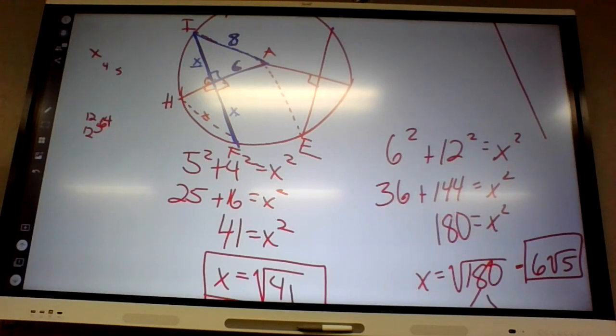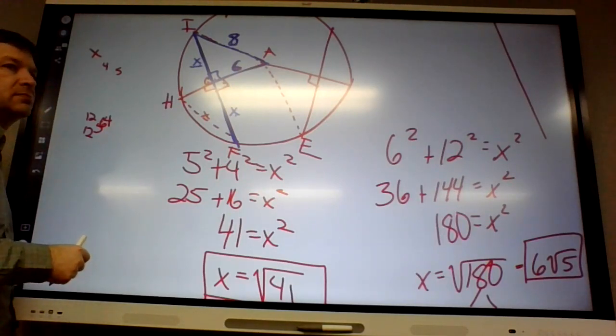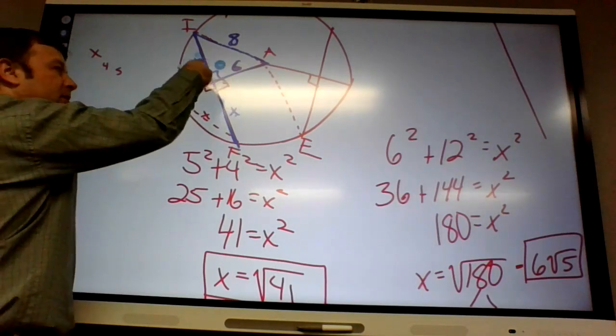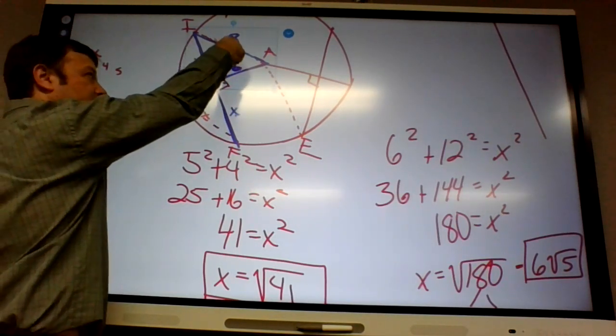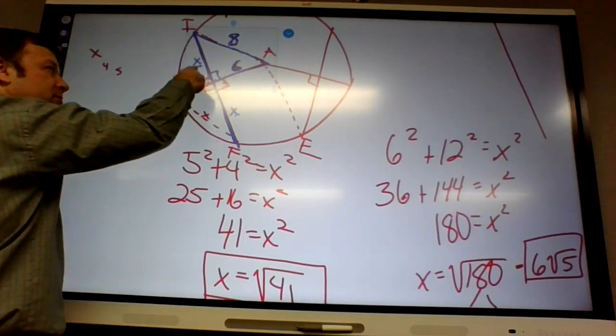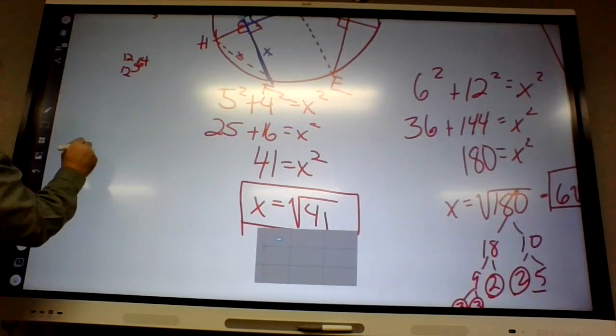Then Jarrett, how would I set up for X on this one? 8 squared minus 6 squared. Alright, you can do X squared plus 6 squared equals 8 squared, or you could do 8 squared minus 6 squared equals X squared. They both work.